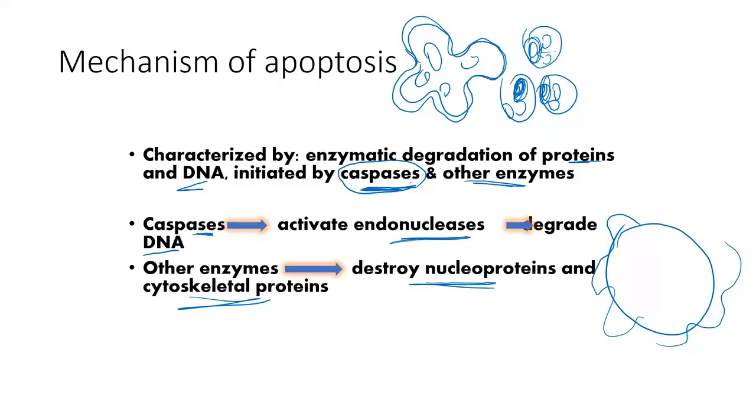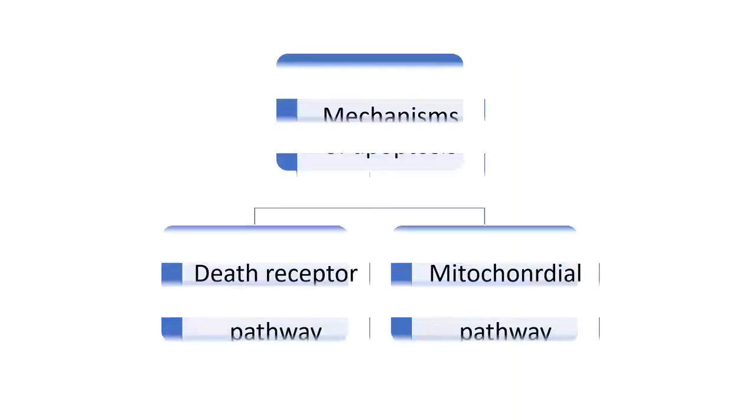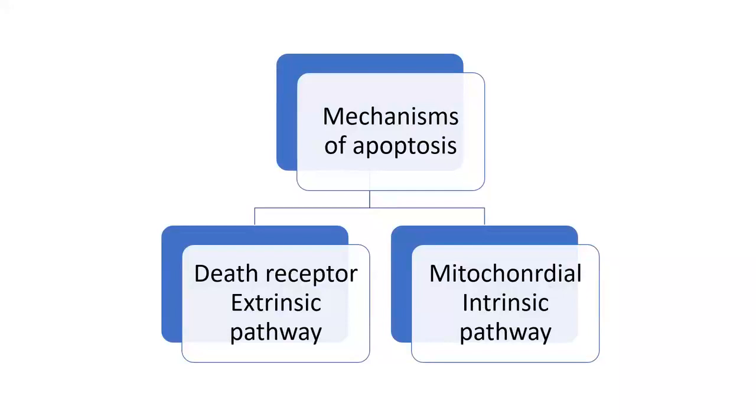How can this be? How can these caspases be activated? And how are they inhibited? The mechanisms of apoptosis. We have two main mechanisms of apoptosis. One of them starts from a death receptor present on the cell membrane, and so the signal comes from outside, so this is called the extrinsic pathway.